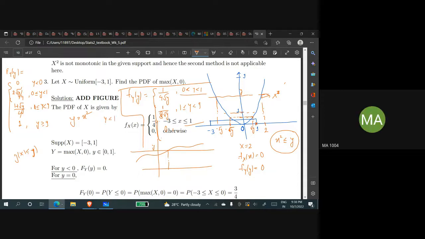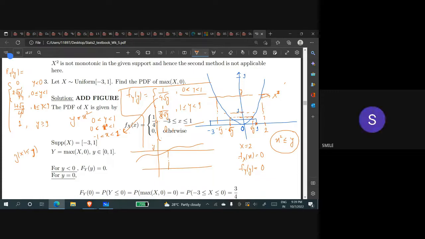For y lying between 0 to 1, and y is x square, so x square is lying between 0 to 1. So you're saying x lies between minus 1 to 1 here, right? If you look at the first one, for x lying between minus 1 to 1, you have 1 by 4 root y.